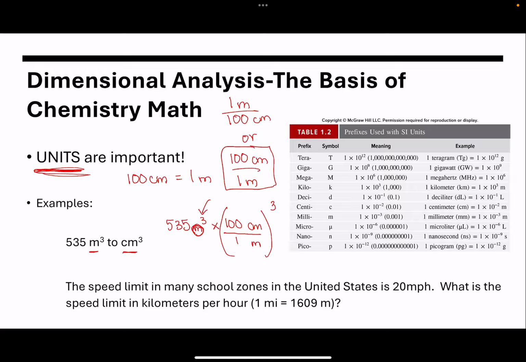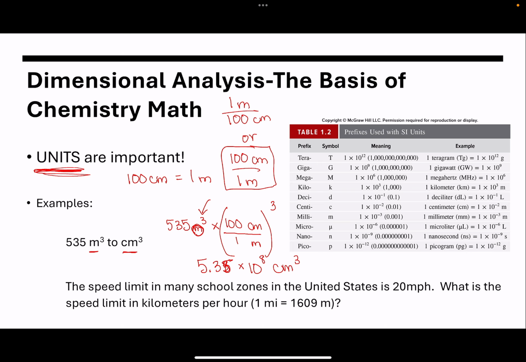So you will be provided with simple scientific calculators in class, but if you have a graphing calculator, I would encourage you to bring it to school every week because I find them a lot easier to use, and I can show you some tricks on them. So if we were to type this in the calculator, we would get the answer as 5.35 times 10 to the 8 cubic centimeters.